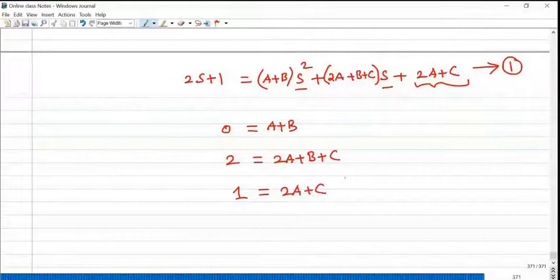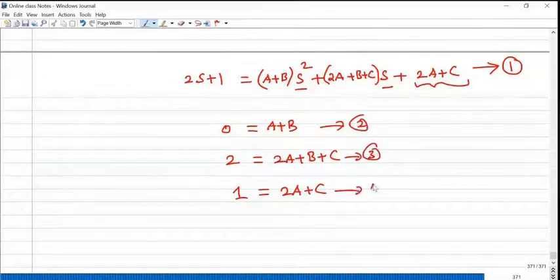Okay. Now 3 equations are available. If you want to, you can solve it directly in the calculator. You can find the a, b, c values easily. Or add and subtract within these 3 equations, equation 2, equation 3, equation 4, and solve it. You will get the values.